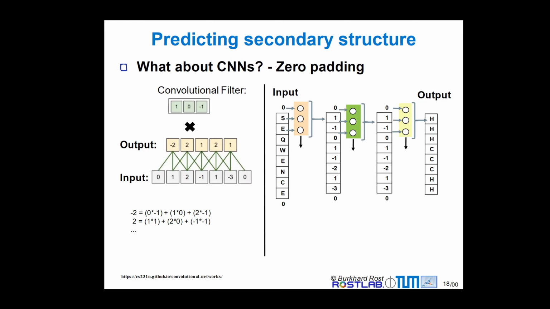Is your kernel always the same? You have one on the slide, but is it always the same size and the same elements for each layer that you stack? The size is something I define at the very beginning. I can make it 7 or 5 or 9 long.